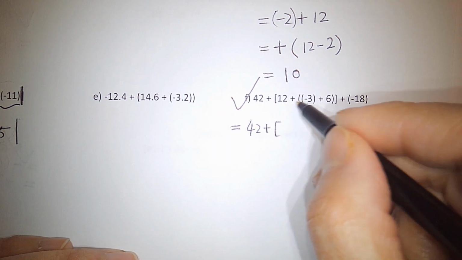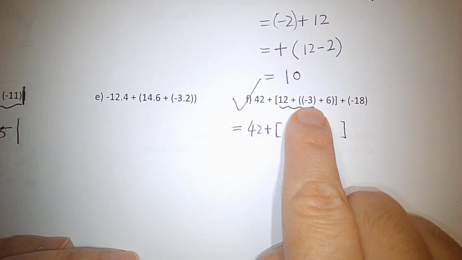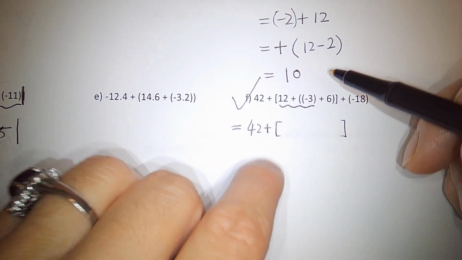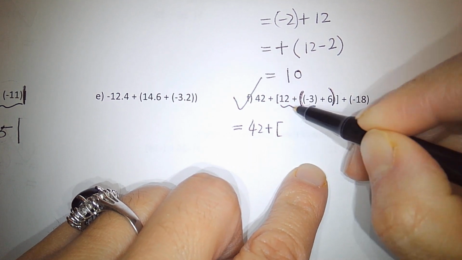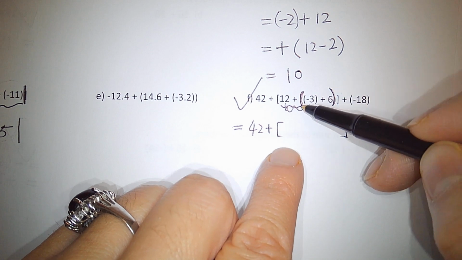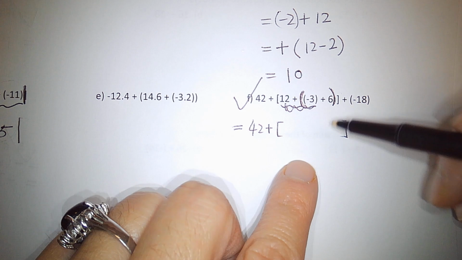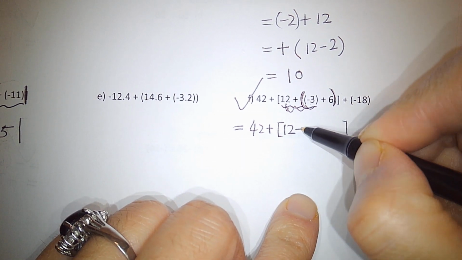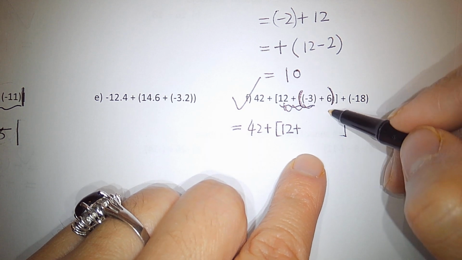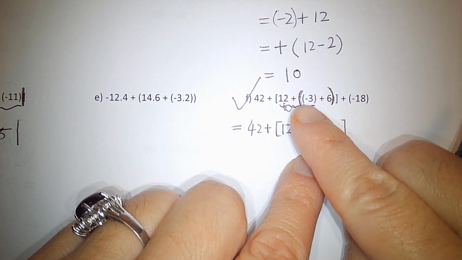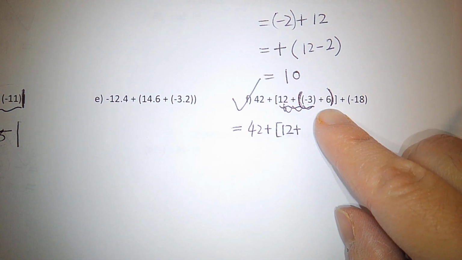Inside the bracket, we have addition, do it from left to right. So 12 plus negative... inside the bracket, I didn't see it at first, but now I see it, we have a parenthesis. When we have a parenthesis, deal with the parenthesis first. So we copy 12, and add negative 3 plus 6 first, because this is inside the parenthesis. Negative 3 plus 6, what do we have? Positive 3.